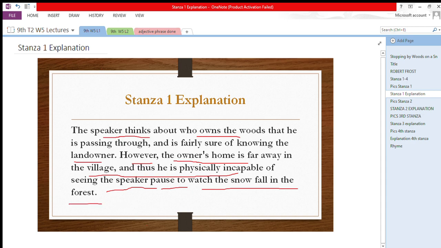So the owner of the forest won't be able to see his woods filled up with snow, and secondly he won't be able to see who had stopped there to see this beautiful scene. So very simple. This is the paraphrasing of the first stanza.